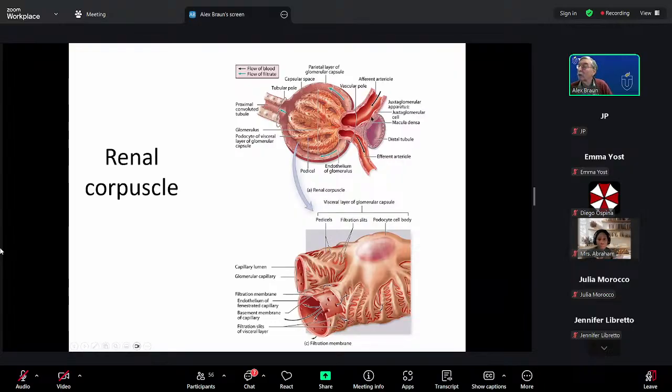Within the wall of the afferent arteriole are smooth muscle cells, which are secretory and make the protease renin. So there are renin producing and storing juxtaglomerular cells within the afferent arteriole, present right here. Those are another part of the juxtaglomerular apparatus.